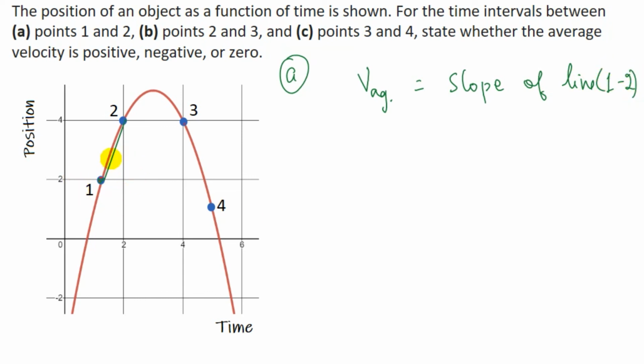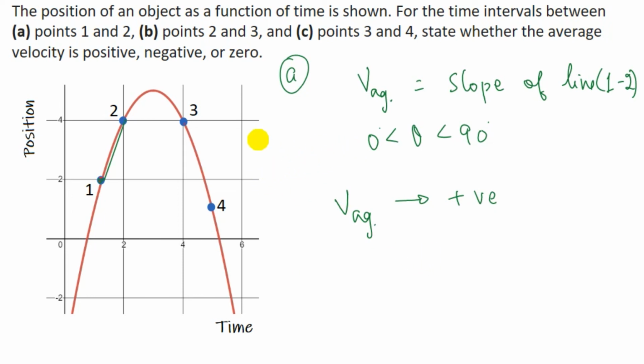Now here we see that the angle theta would be in the range 0 to 90 degree. Therefore, the average velocity would be positive because this slope is positive. So for the A part, we can write that average velocity is positive because this slope is positive.